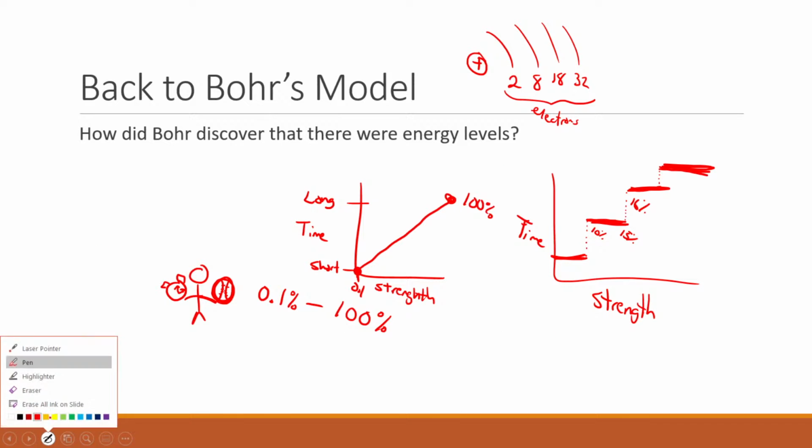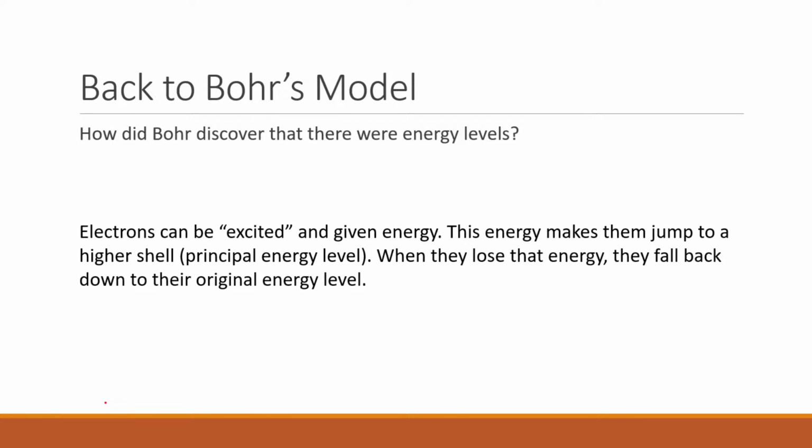And so what he said is that electrons can be excited and given energy, which makes them jump up to a higher shell. And when they lose that energy and come back down, they return to where they started.